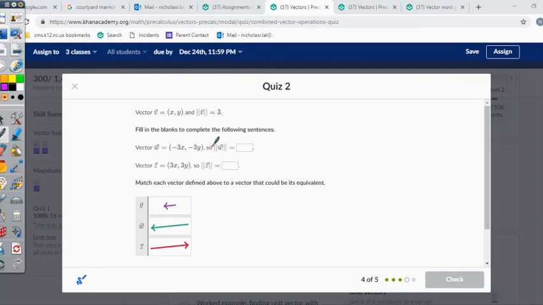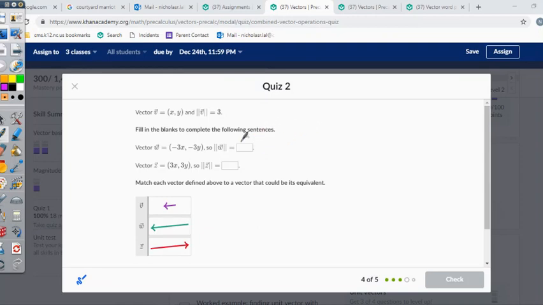So here's the deal. If you multiply a vector by a scalar, the magnitude of the new vector is going to be the magnitude of the old vector multiplied by the absolute value of the scalar.